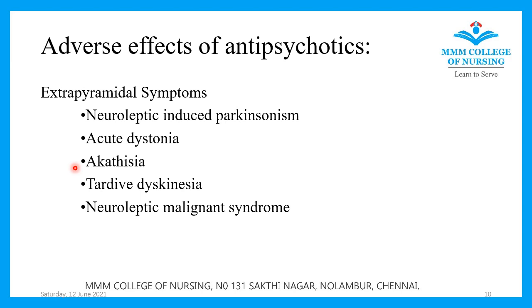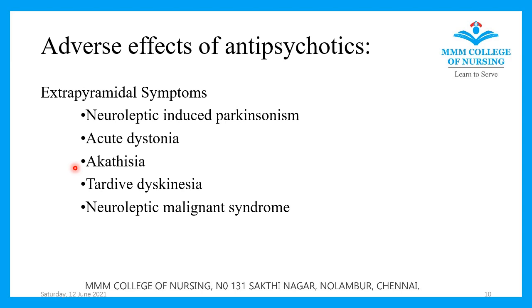The next is akathisia. Akathisia is what the patient himself describes, a subjective feeling of muscular discomfort. So there is a muscular discomfort which the patient himself feels. He becomes agitated, he becomes restless, and is a sort of dysphoric, that means a state of feeling uneasy.